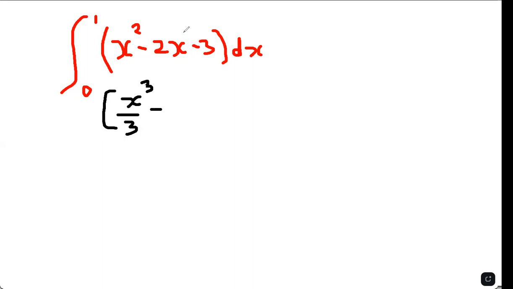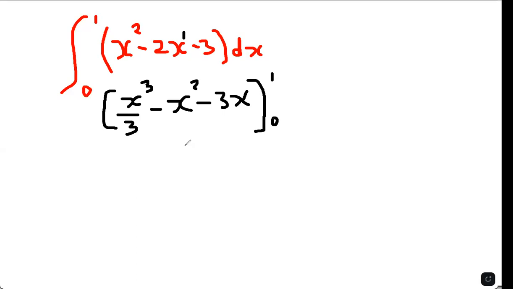Here, the power is 1. We add the 1, it becomes a 2. We divide by 2, the 2 and the 2 cancel, and we just have x squared, minus 3x. We understand that the x is at the power 0, so to that 0 we add the 1, and that's how it comes out. So this is our answer.